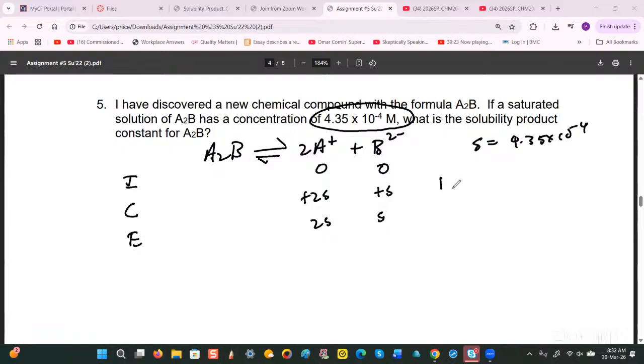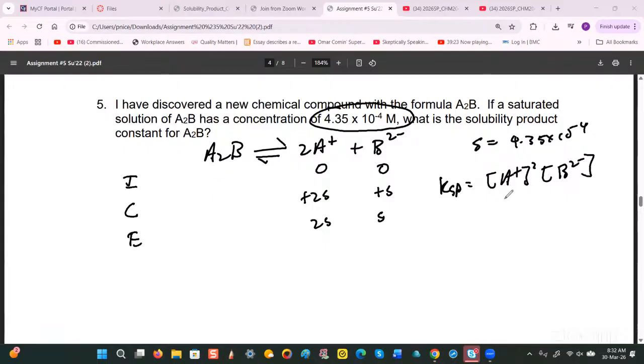So that means that Ksp would be equal to 2S squared. In fact, let me do it stepwise so that you can follow clearly. The Ksp expression is going to be the concentration of A plus squared times the concentration of B2 minus. And then we put in the terms.